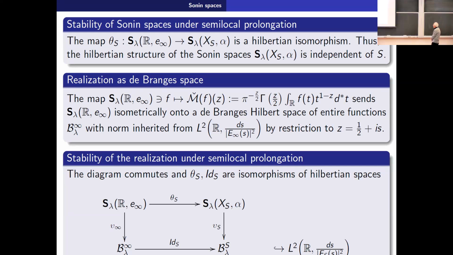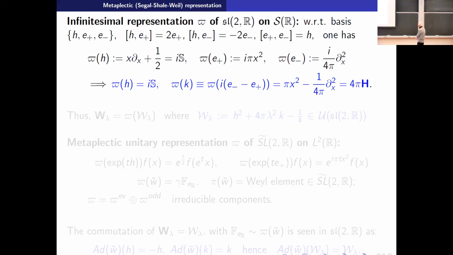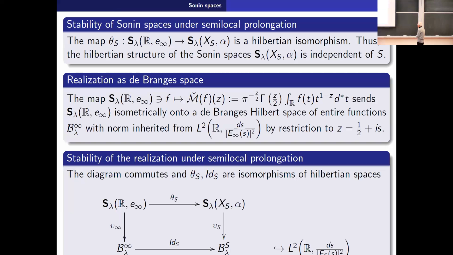But now, since we had the stability result before, what we see in this diagram, which is a commutative diagram, is that theta of S is an isomorphism of Hilbertian spaces. This is the theorem here.